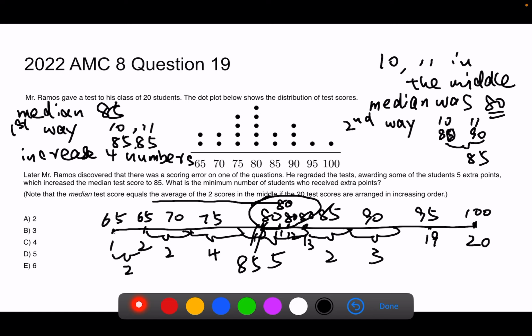You need to move the 85 to 90, another 85 to 90. You don't have enough numbers to move to 90, because you need the 11th number to be 90 and everything after that to also be 90 and above. But the problem is you can only increase 85 to 90. So you can increase two of them.